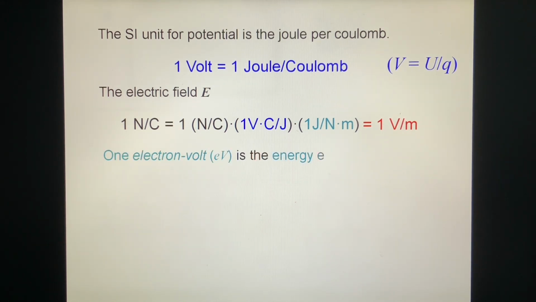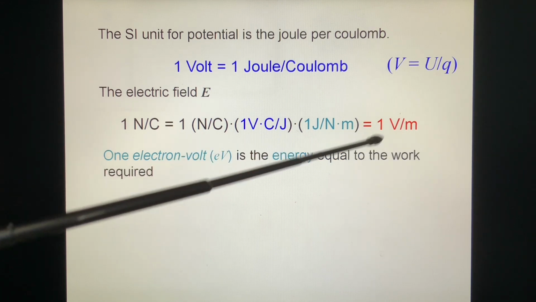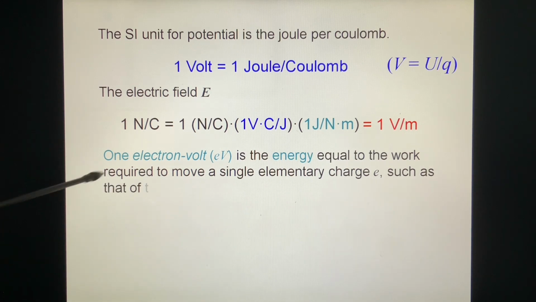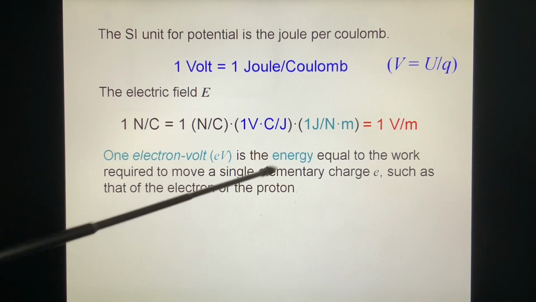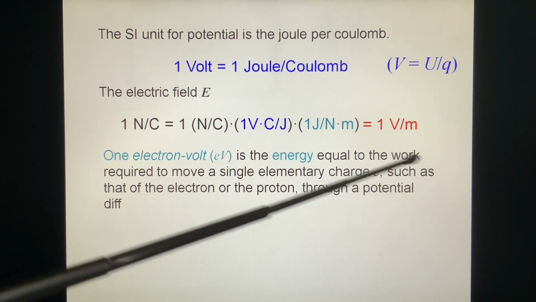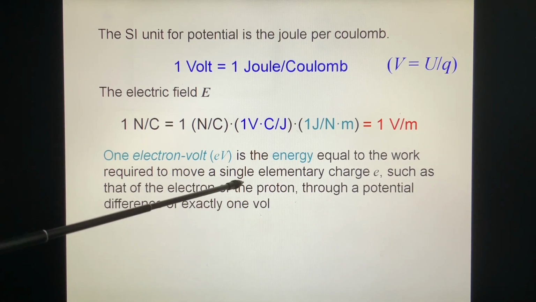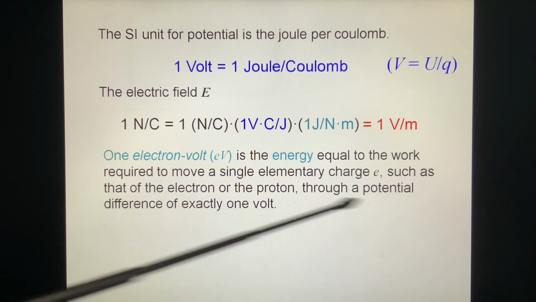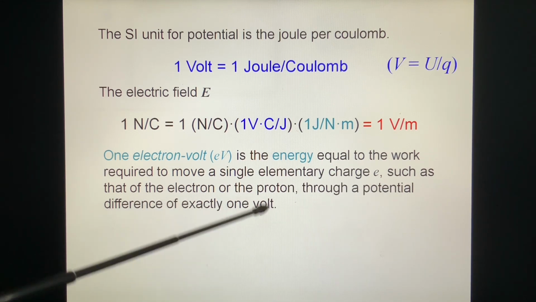1 electron volt is the energy equal to the work required to move a single elementary charge e, such as that of the electron or proton, through a potential difference of exactly 1 volt.